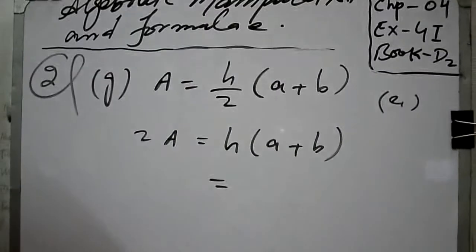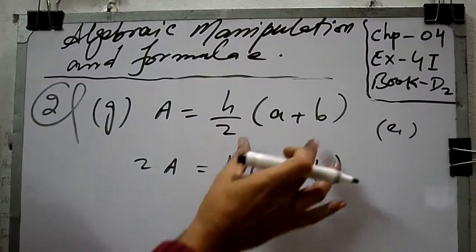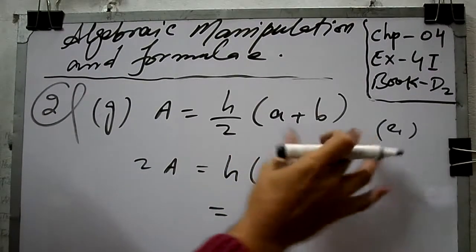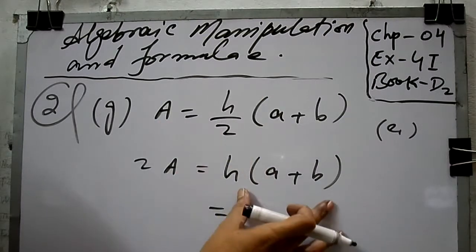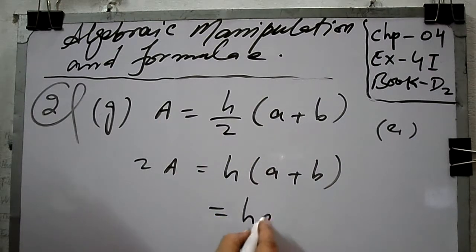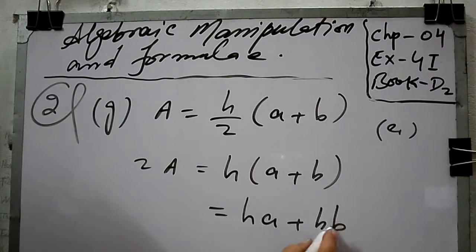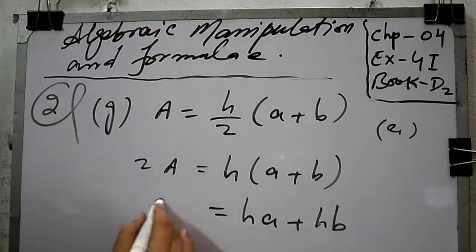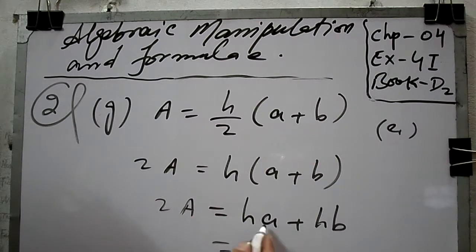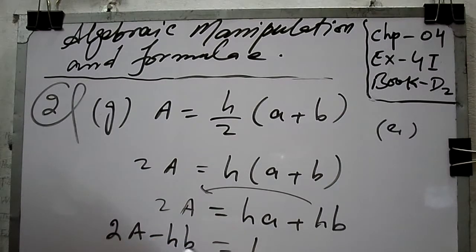First of all, we have to make A as a subject. By using cross multiplication, you will get this. So HA plus HB. After simplification, you need the value of A, so leave it here and shift the other terms: 2A minus HB.